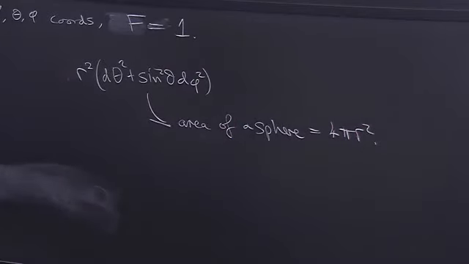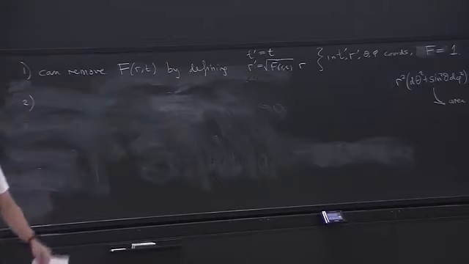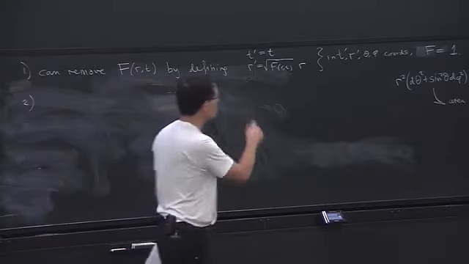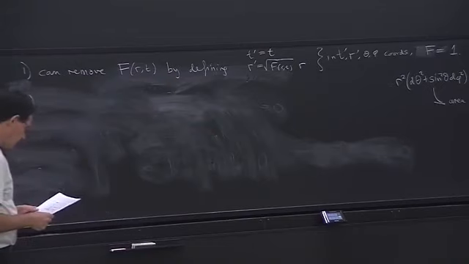So by choosing your radius in this way, even though the space is curved, the proper area of a sphere is 4 pi r squared. Okay, so that's the first simplification.